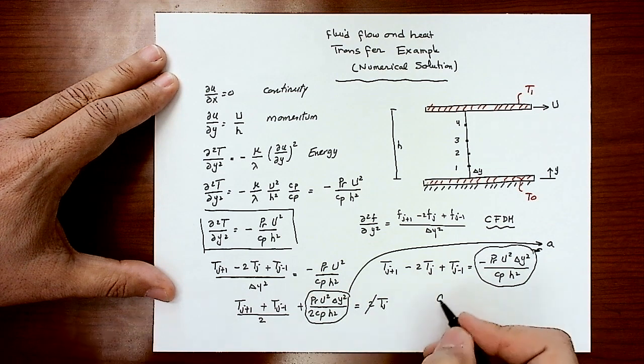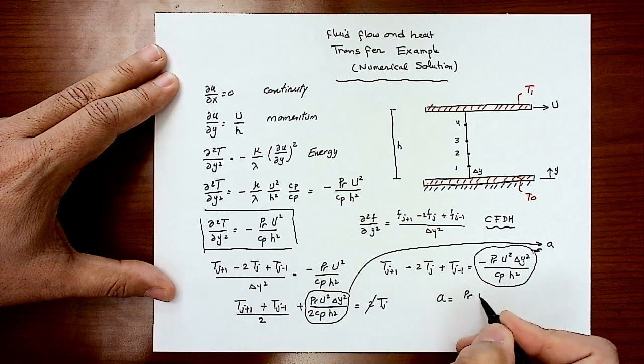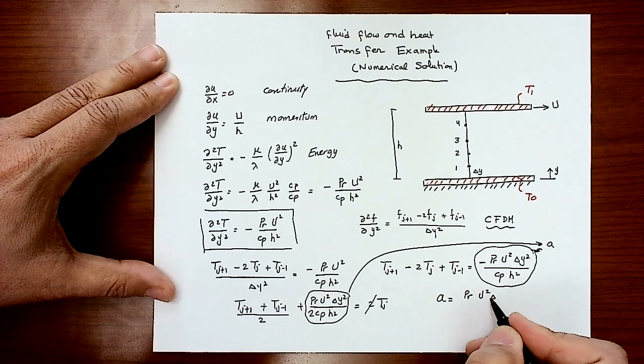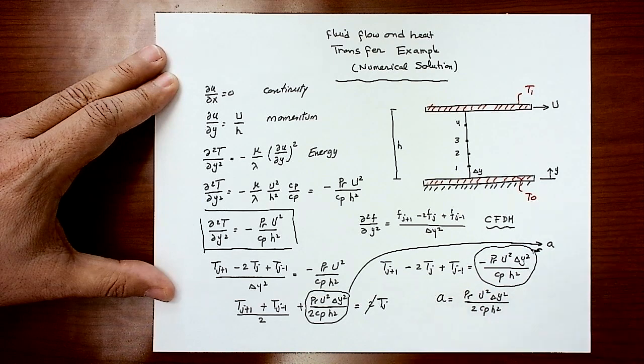Okay, so A is simply Prandtl number U squared delta Y squared divided by 2 Cp H squared. I'm trying to simplify the math as much as I can.